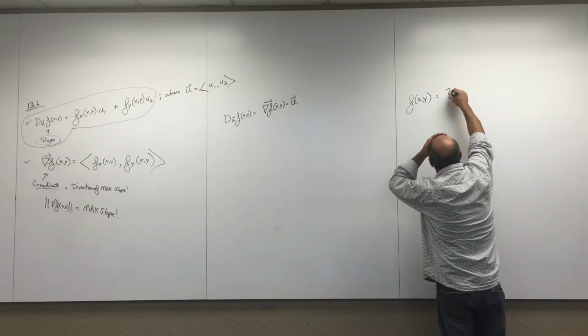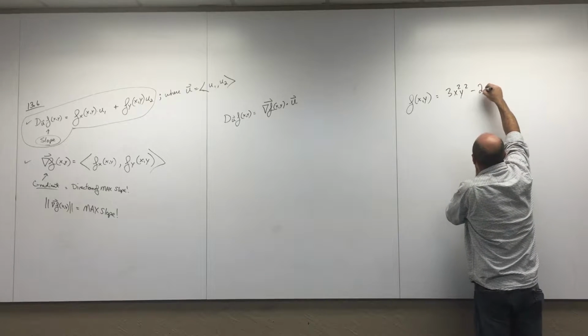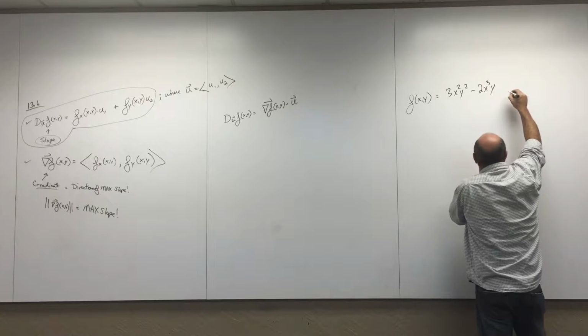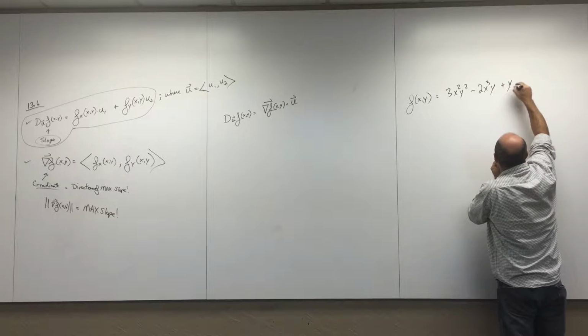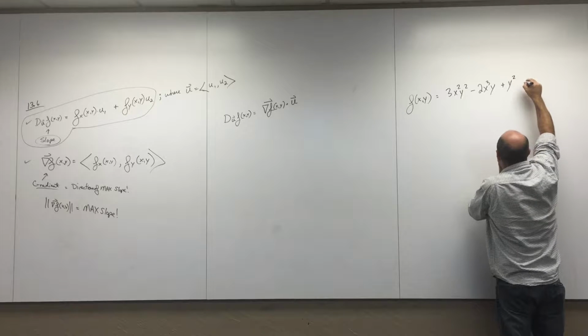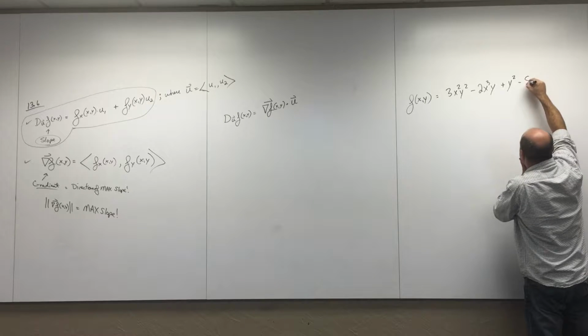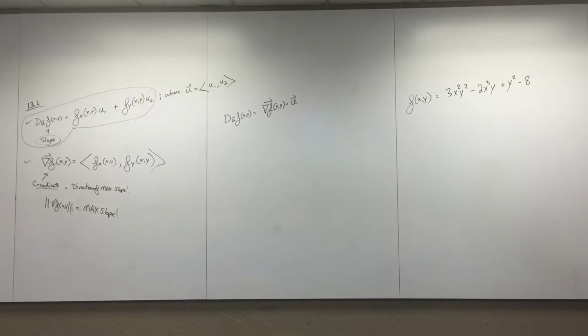I've got a surface, and I'm making this up: 3x squared y squared minus 2x cubed y plus y squared minus 8. That's a surface.